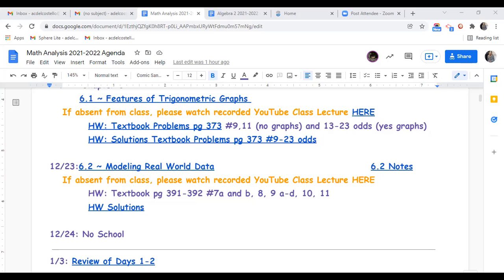Next value, I'm going to find the midline next because it's just easiest. So my midline value is equal to my max plus my min divided by 2.